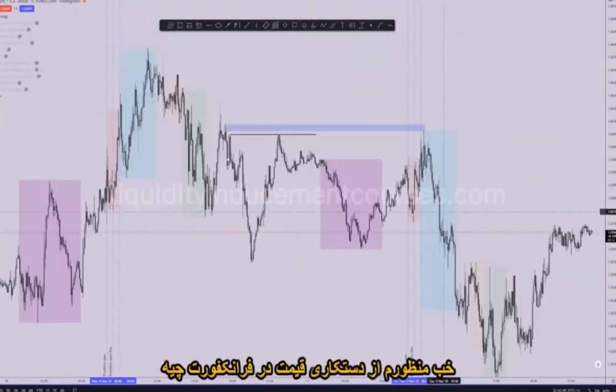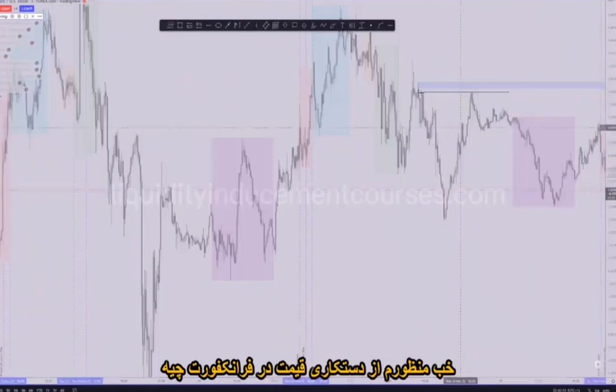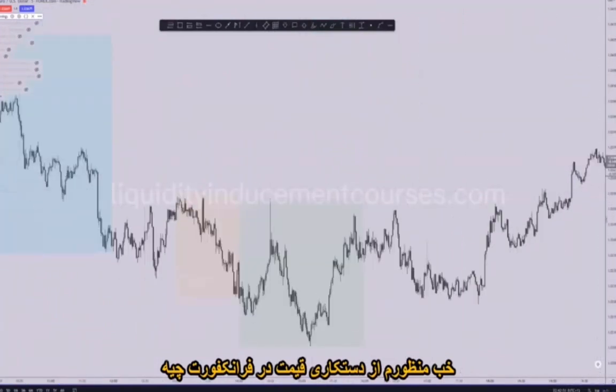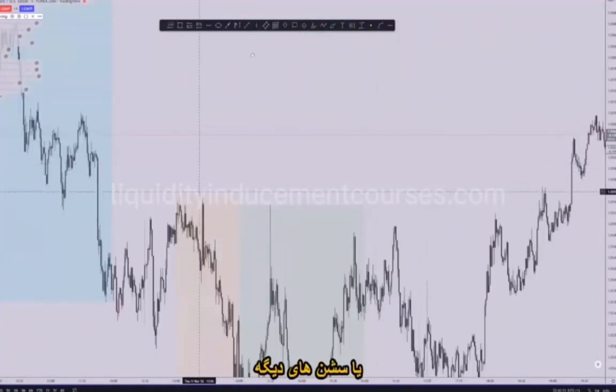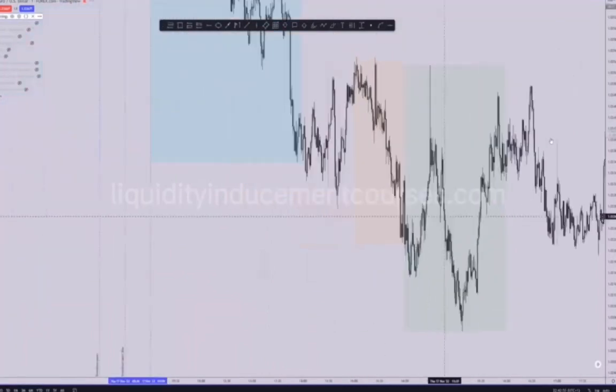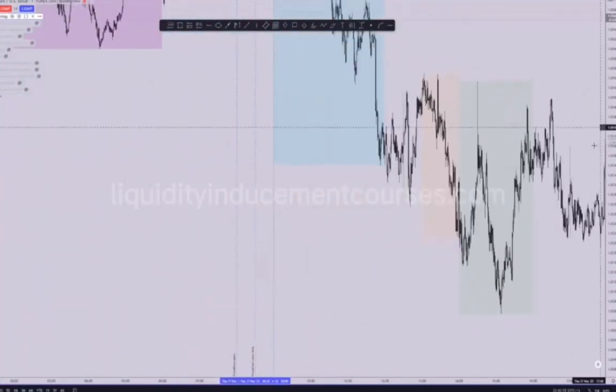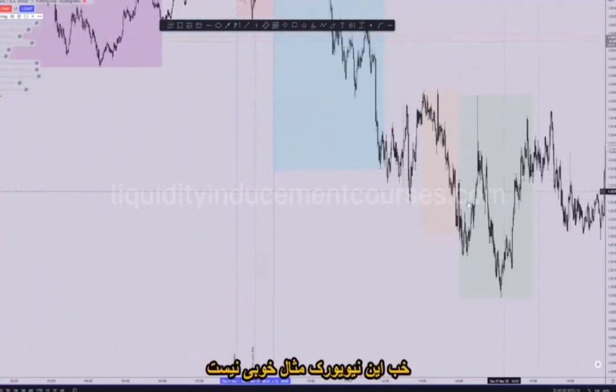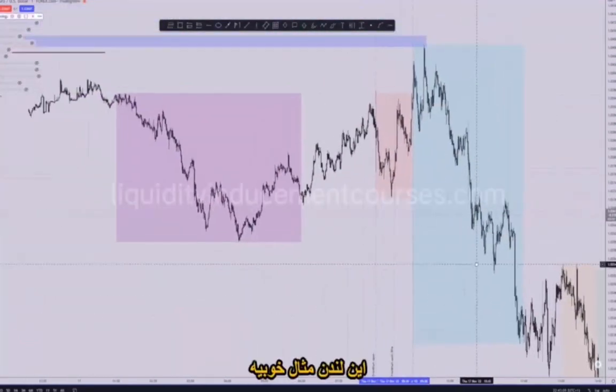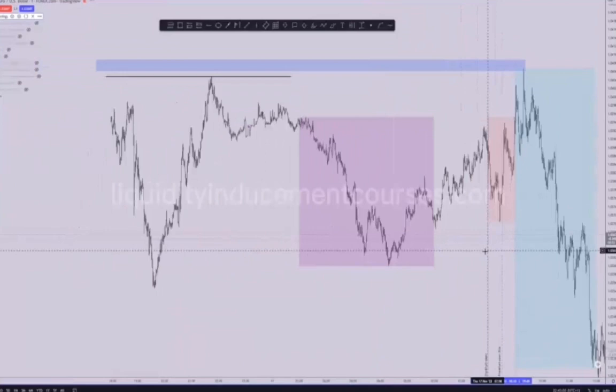Okay, so what I mean by Frankfurt manipulation or session open manipulation is, let's say, okay, this New York is a bad example. This London is a good example.